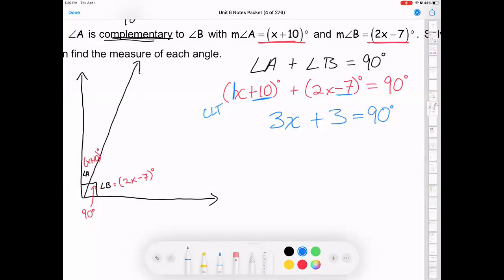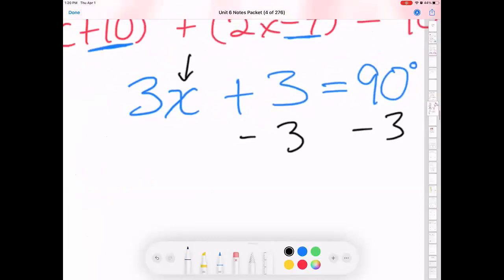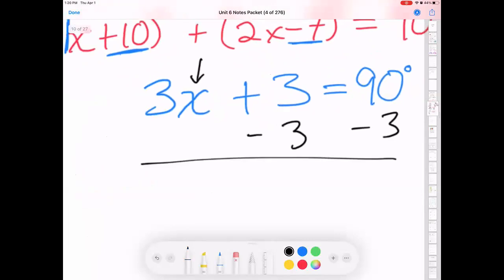Now, when solving for x, we're trying to isolate it and get it all alone. To accomplish that, we subtract this 3 from both sides. Again, this is that two-step process where we add or subtract an item over, leaving us 3x equals 87.